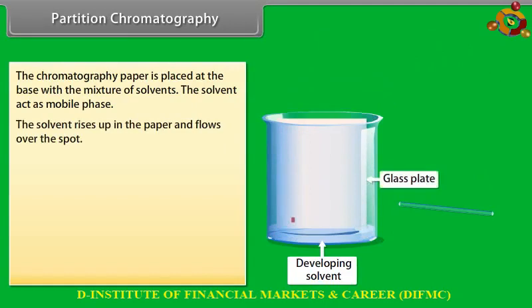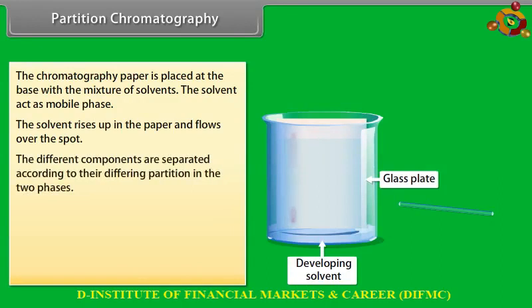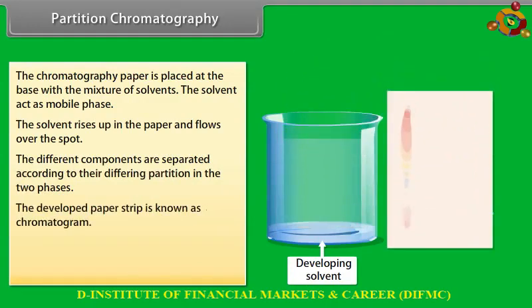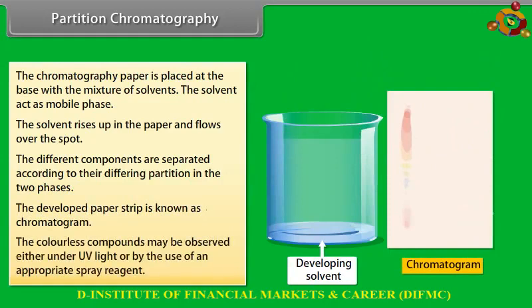The solvent rises up in the paper and flows over the spot. The different components are separated according to their differing partition in the two phases. The developed paper strip is known as a chromatogram. Colorless compounds may be observed either under UV light or by the use of an appropriate spray reagent.